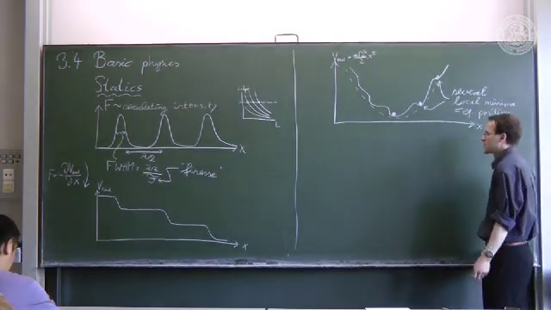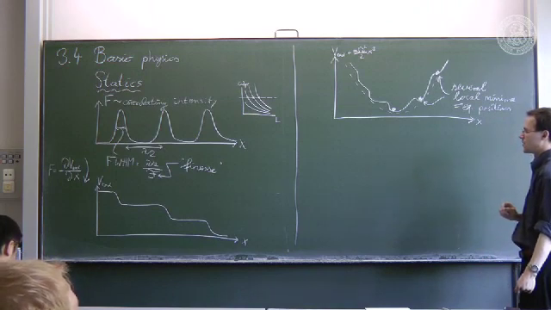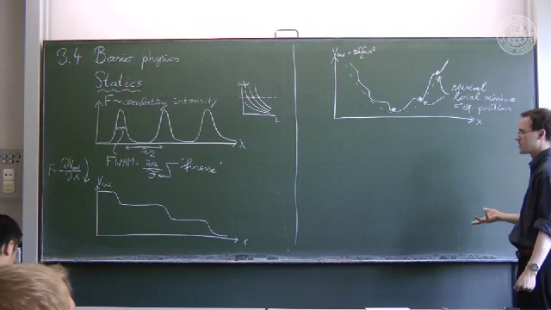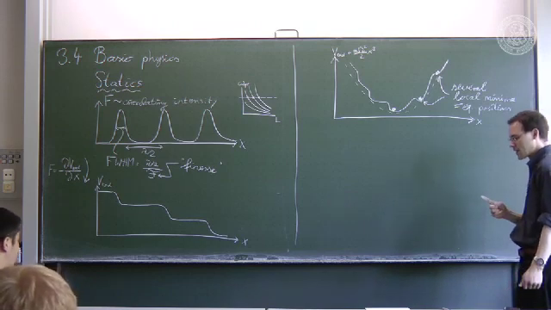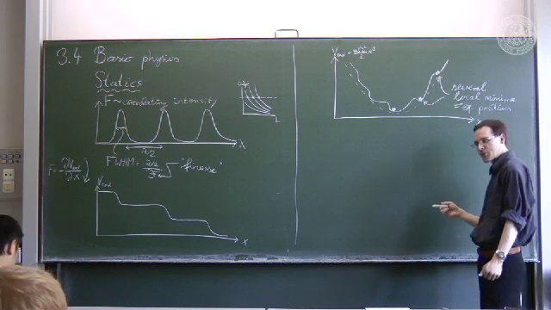And so whenever you have a system that has several stable equilibrium positions, you can find out that this is indeed the case by doing simple experiments where you just change some parameter and look at the output of the system.